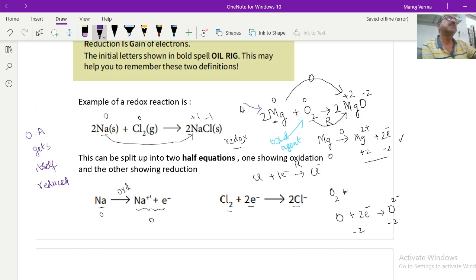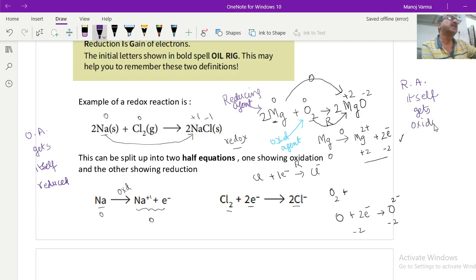Then magnesium must be a reducing agent, right? Because it reduces the oxygen, but magnesium by itself gets oxidized, so we can say that a reducing agent itself gets oxidized.